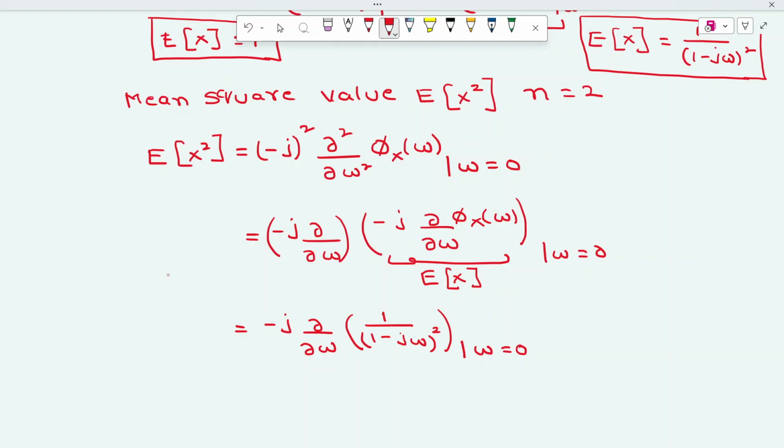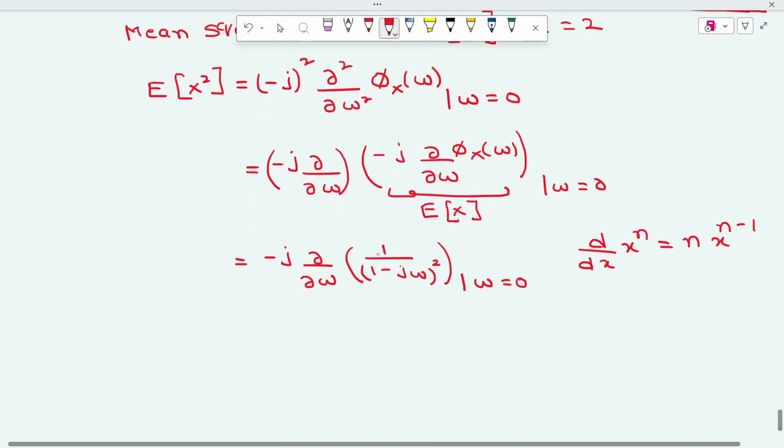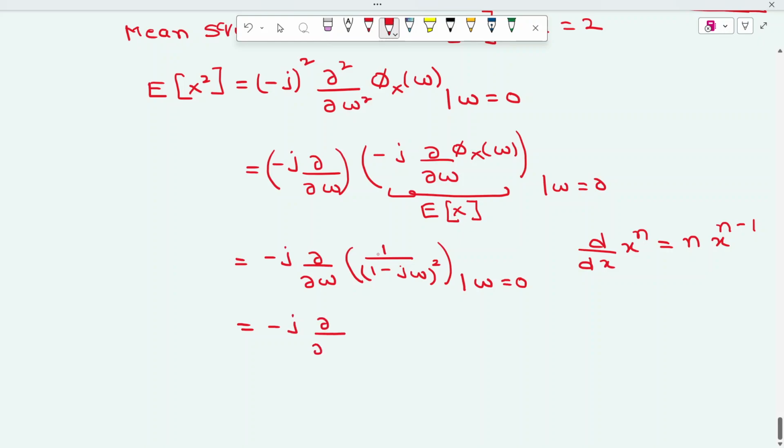We know d by dx of x power n is n into x power n minus 1. Now if we compare this, we can write minus j dou by dou omega into (1 minus j omega) to the power minus 2. So here n is equal to minus 2.